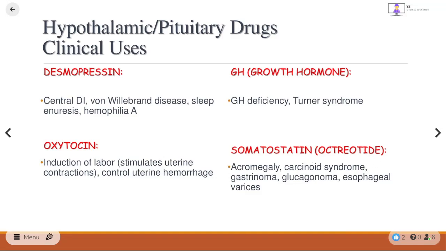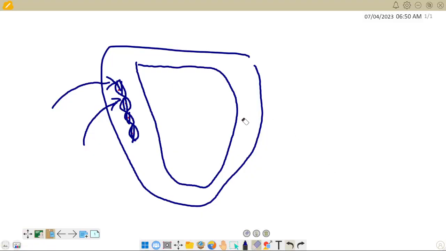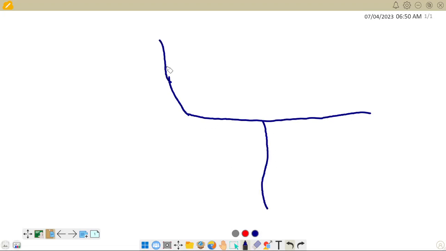Somatostatin, basically we shut down all the hormone secretion, so acromegaly, carcinoid syndrome, glucagonoma, esophageal varices. And esophageal varices, like we said, if you guys remember, we have portal hypertension. So if we have the splenic vein here, the inferior mesenteric vein, right, and superior mesenteric vein, and you also have the esophageal branches here.